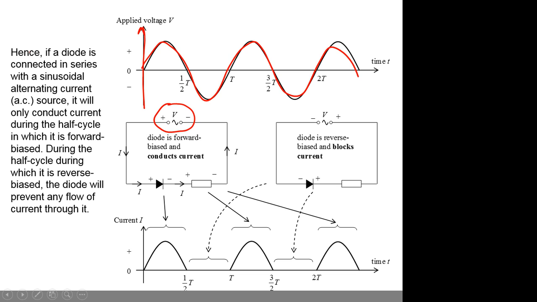But if you have a diode applied here and you put an ammeter, you will measure this current. If you put a voltmeter, you'll see a voltage graph that also looks like this shape that you see below. Clear enough? Because only the positive side allows it to go through. When it's going the other way, it's completely blocked.